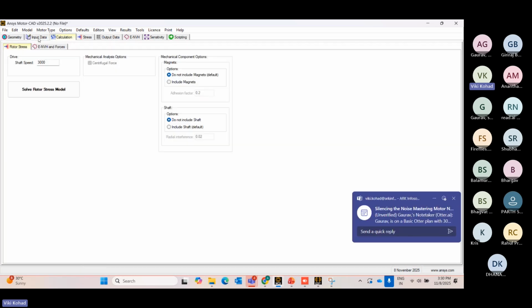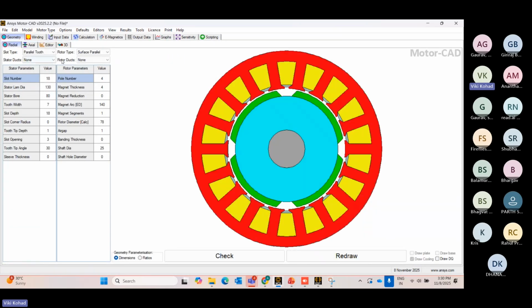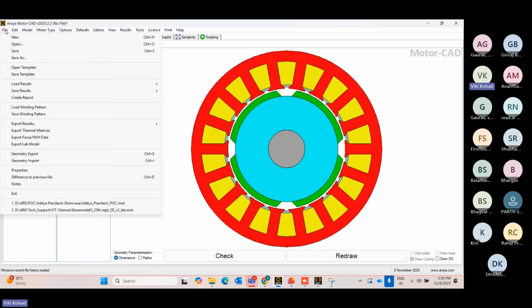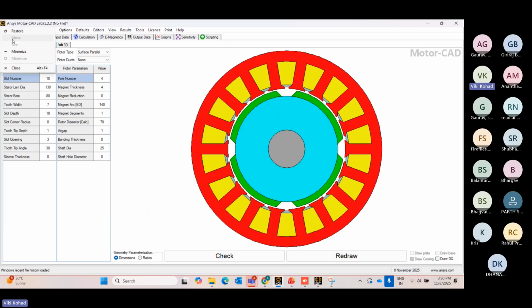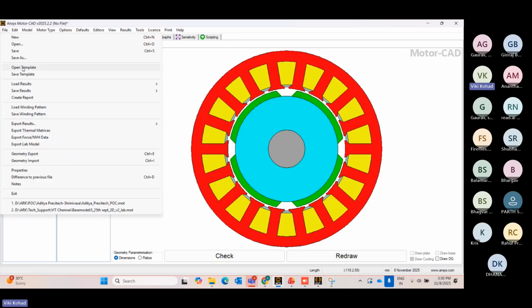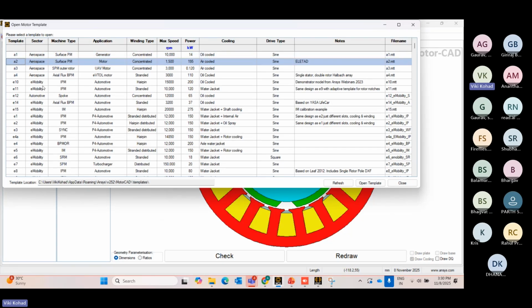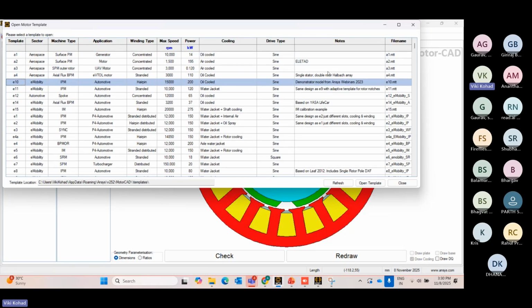Like here we are in the mechanical section. So first we go to the electromagnetic, and then we will see all these parameters. First I would open one of the template models. From File, Open Template, I will open this one, the e-mobility model; the automotive NVH models we can open here.